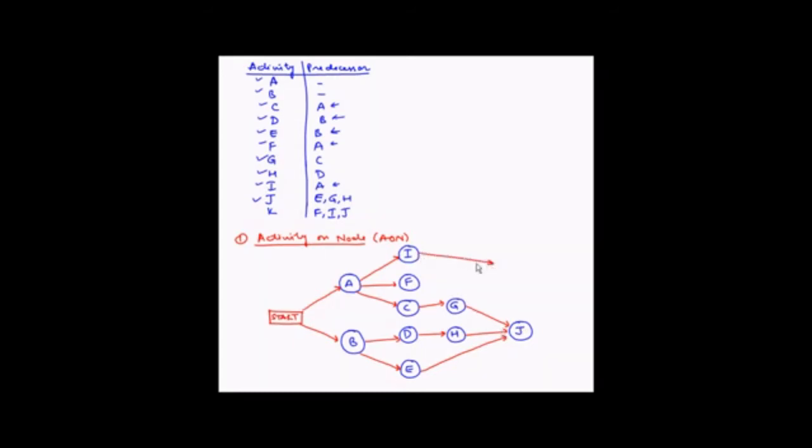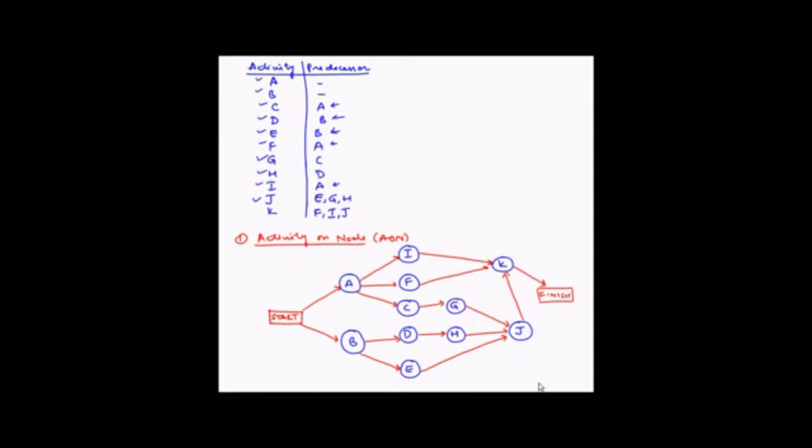So an arrow from I, an arrow from F and an arrow from J. And then let's draw the activity, which is K. Now as you would note, K is not a predecessor for any other activities, so K will follow to the finish point. So this is finish.